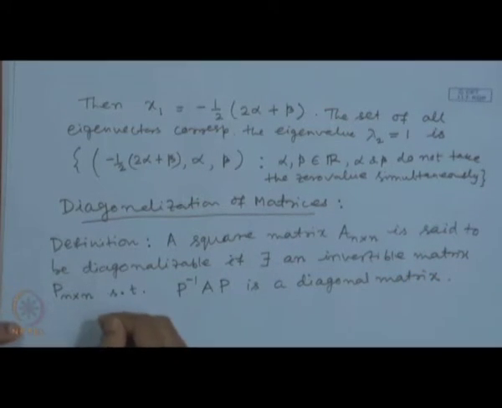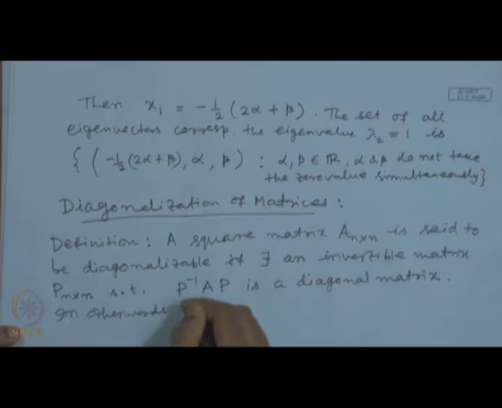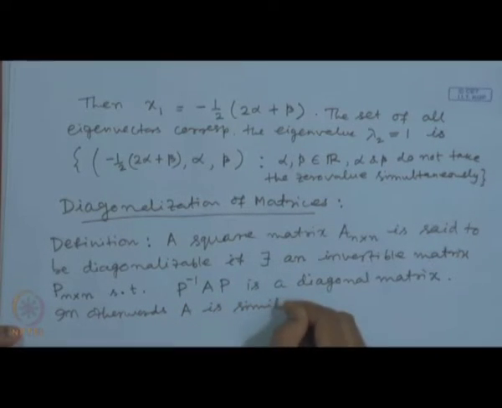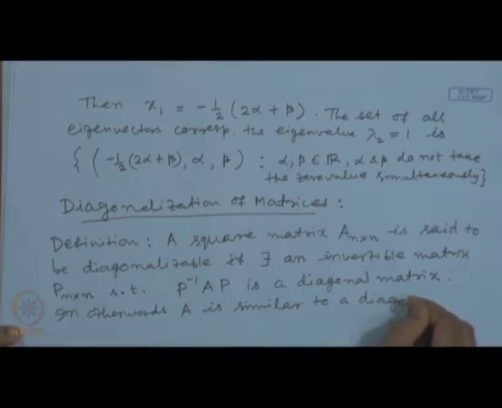In other words, A is similar to a diagonal matrix.